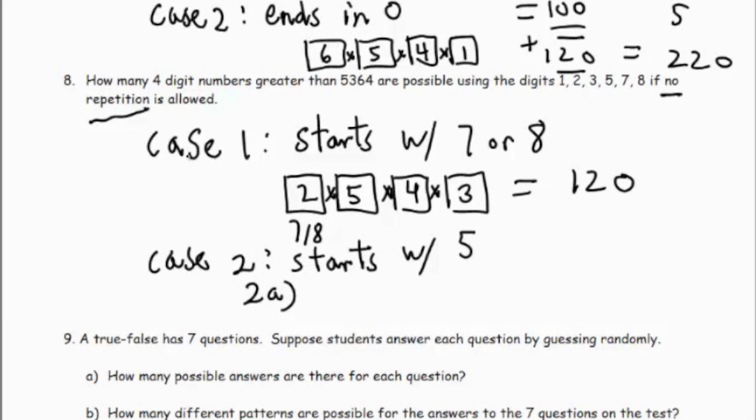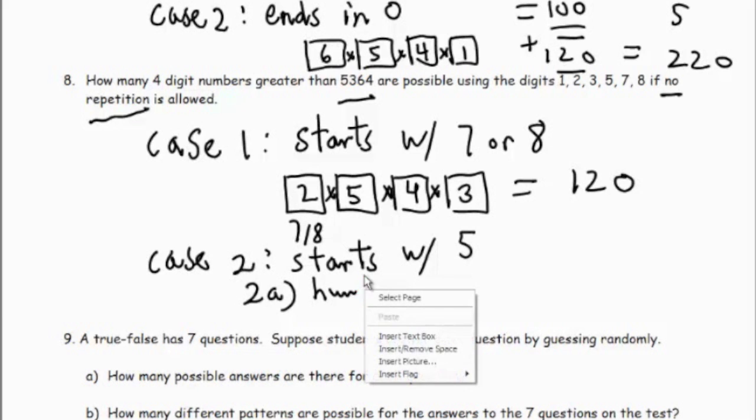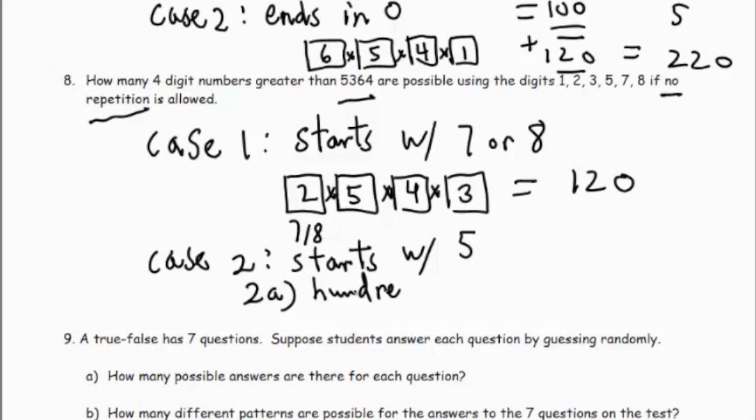We need to look at that next digit because notice the second digit's 3 in the number that we need to be greater than, and if that number is 3, then we've got to consider some other cases.